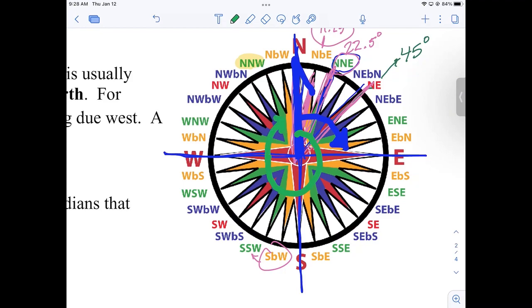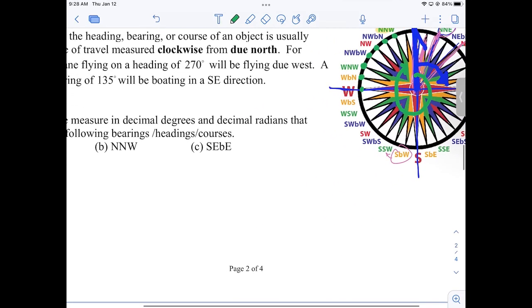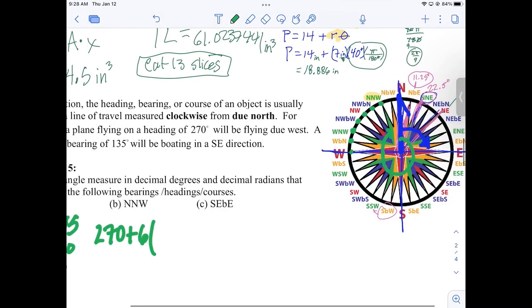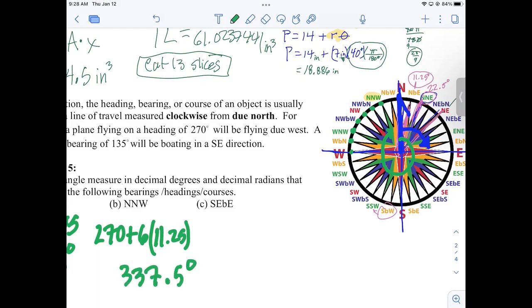How many of these little tick marks do I travel past? 1, 2, 3, 4, 5, 6, right? There's 6 of them. So it should be 270 plus 6 of, how many did we say each of those were? 11.25. Okay, and if you type that in, 270 plus 6 times 11.25, you get 337.5 degrees.